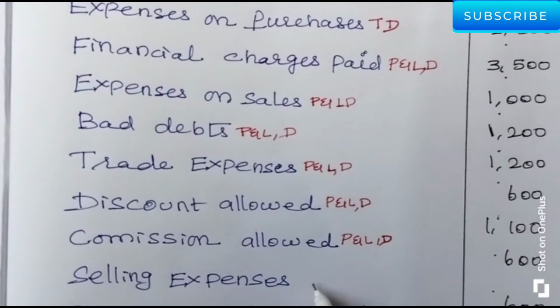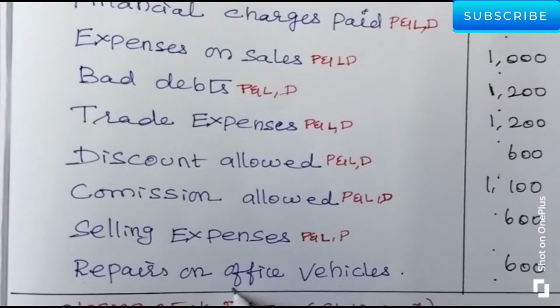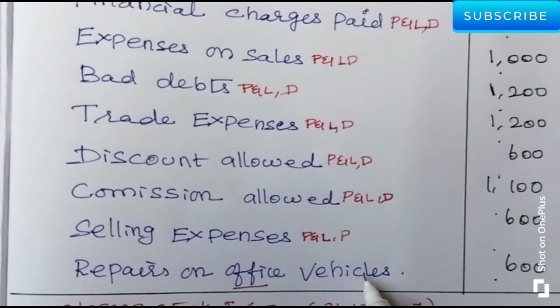Okay, selling expenses, profit and loss account debit side. Repairs on office vehicle, office and administrative expenses. Repairs on the vehicle means vehicle is a fixed asset. Okay, so it comes under profit and loss account debit side.